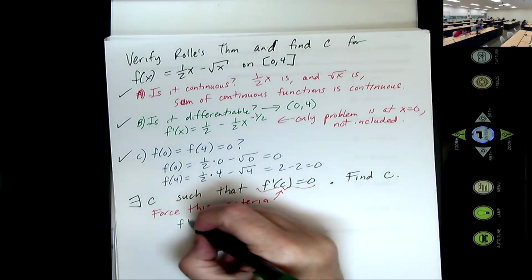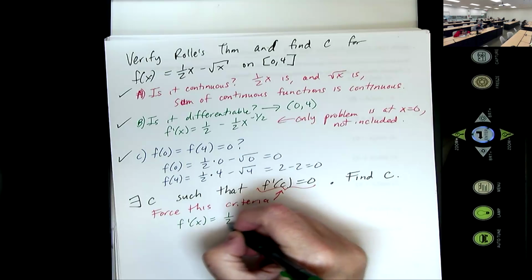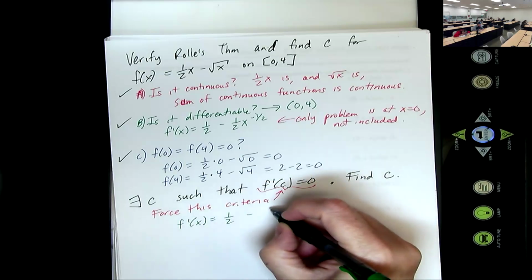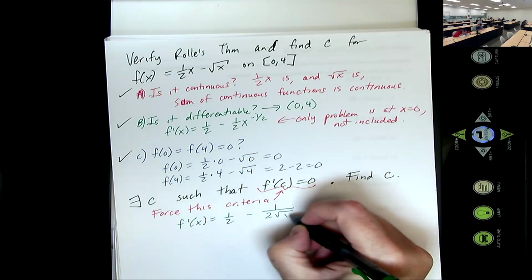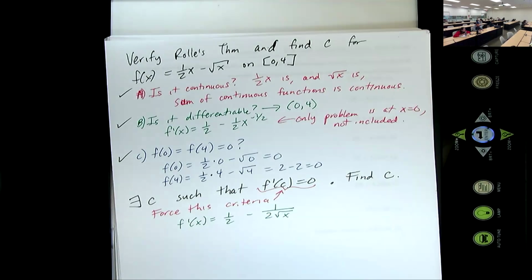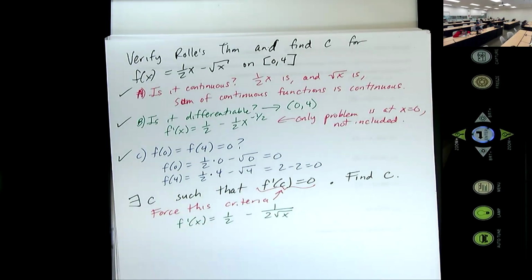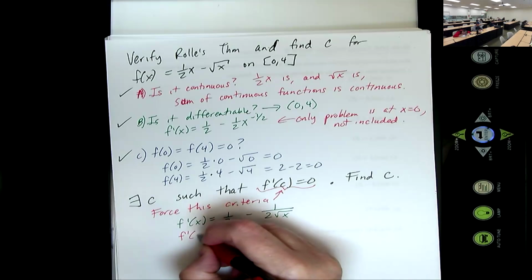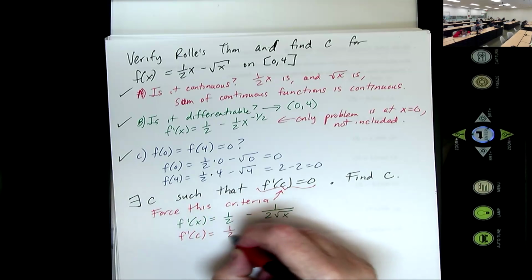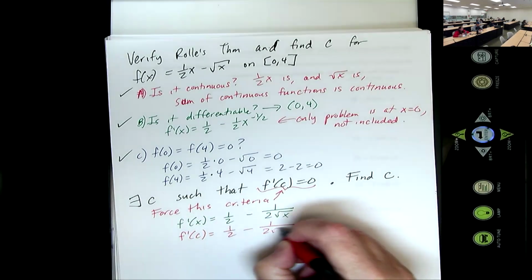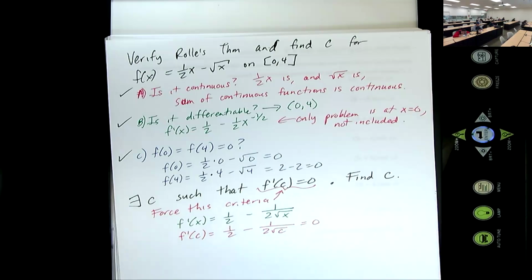F prime of x, we already did it, was 1/2 minus. I'll write this like this. And we want to do f prime of c. Replace all x's with c's. That needs to equal 0.